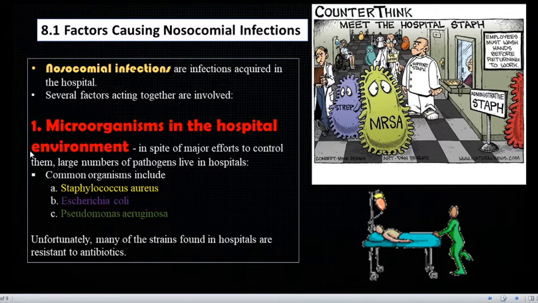But as the technology and the advancement in hospitals increases, tumaas din, no, yung percentage ng mga nosocomial infections occurring inside the hospitals and other healthcare facilities. So ano kaya ang rason?